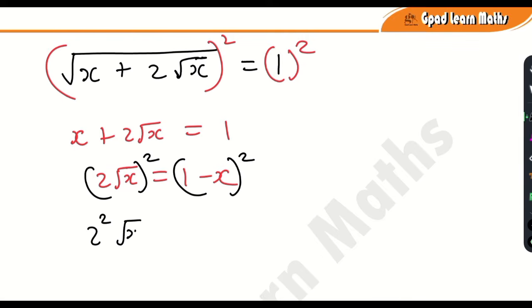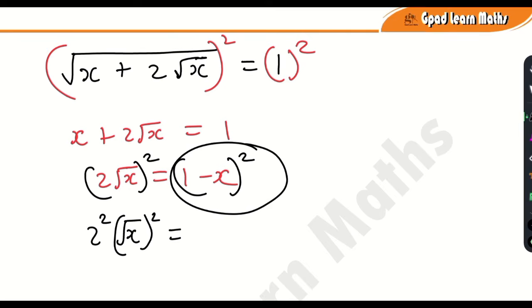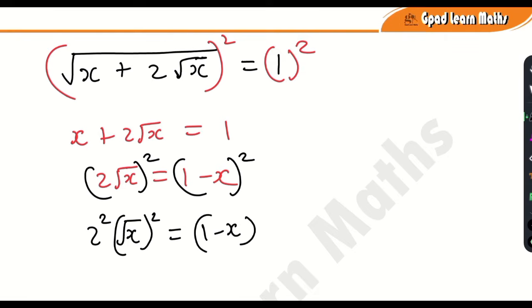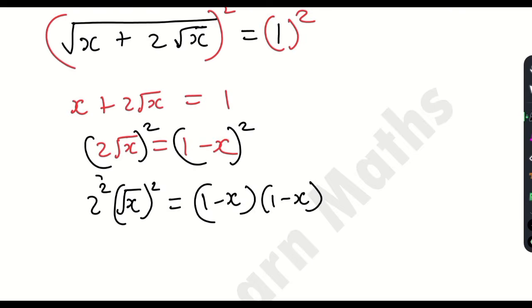And then you do root x raised to the power of 2. What about this side? You're going to multiply 1 minus x by itself, so you have 1 minus x and then 1 minus x. So 2 squared is 4, but this exponent will get rid of the square root, so you have just x, which is 4x together.